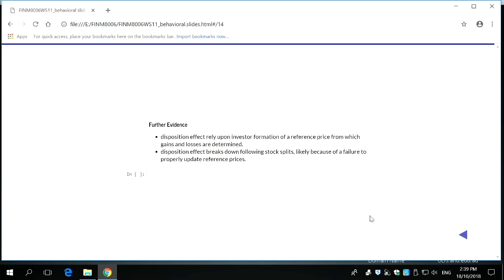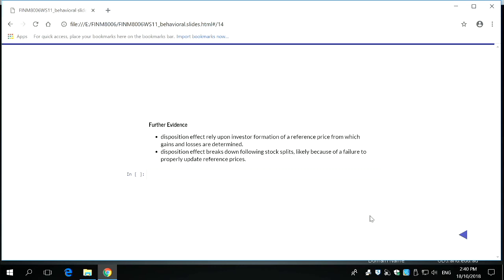A recent paper, I think it's published in 2015, finds that if you look at the stock splits, so what do the stock splits do? If you are a stock trading at 10, and it splits in a 1-to-2 ratio, now the price suddenly becomes 5, right? And because the stock is still trading, it could be like 4.8, it could be 5.2, depending on whether the market moves.